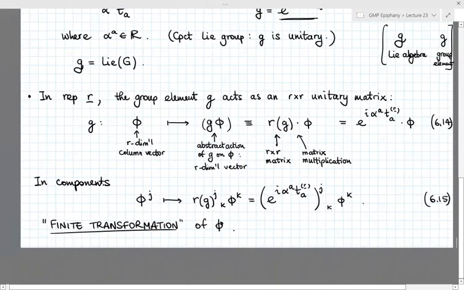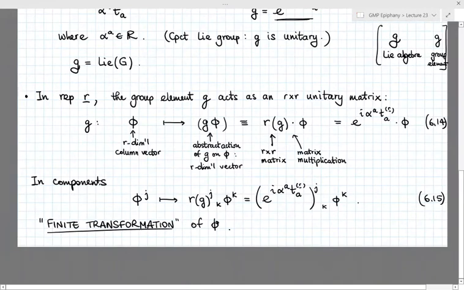And we go back to the Lie algebra from the action of the Lie group, or the representation of the Lie group, to a representation of the Lie algebra by focusing on infinitesimal transformations in which the parameters alpha A are infinitesimal.